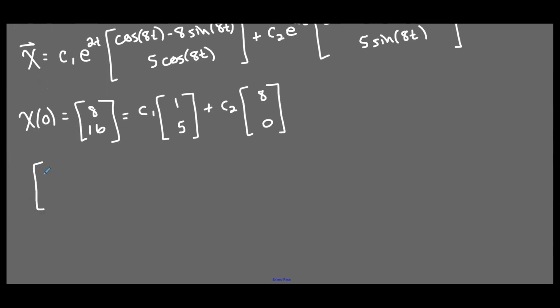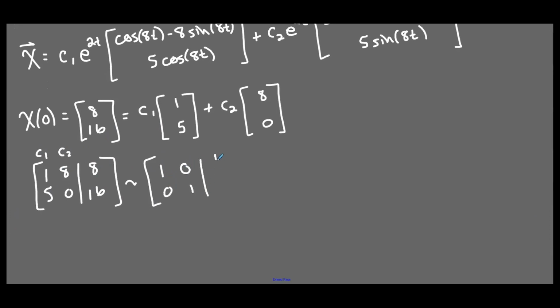So I can augment these vectors with 8 and 16 and solve for C1 and C2. And if you row reduce this, I'm going to skip the steps here, but if you row reduce, you get 16/5 and 3/5. So that tells you C1, this one tells you C2. So now I just need to write my solution and simplify it.